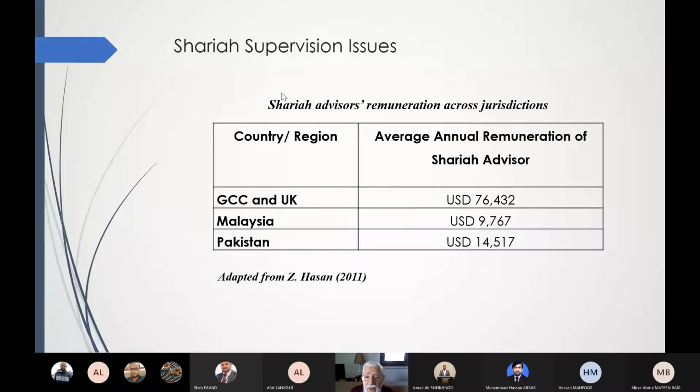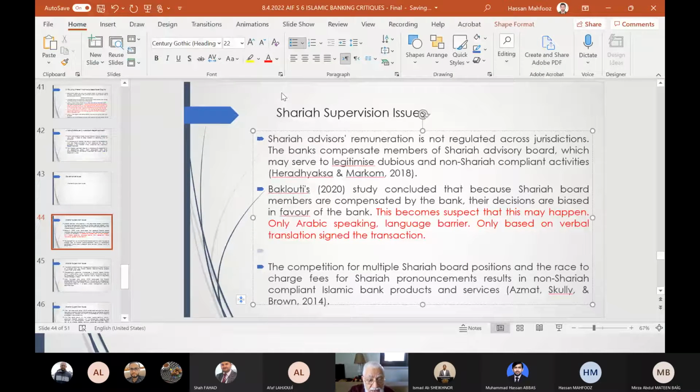Mirza or Shah, if you know what the central banks do in Pakistan in this regard, tell us about it. But I know, for instance, and probably all of you know, that in Malaysia they require that no Sharia member can be in more than one institution.